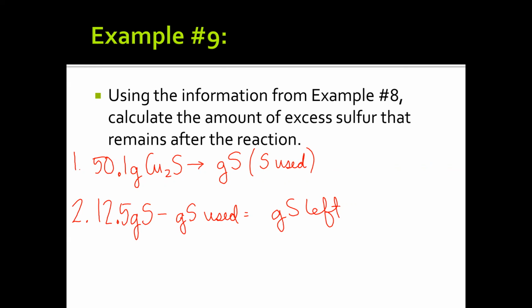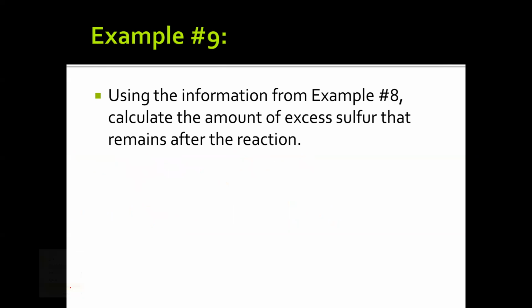Okay, so if you need to go back and look at example 8, go back to video 4 and listen to that part to know why we picked that. Let me clear my screen so that I can write on here.